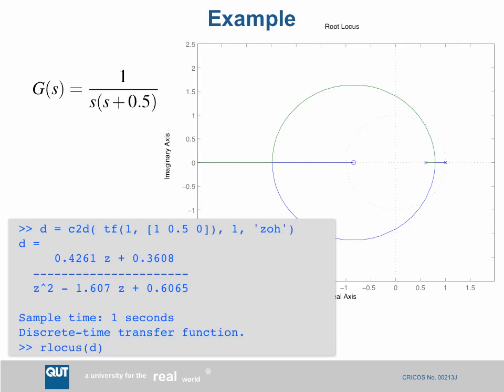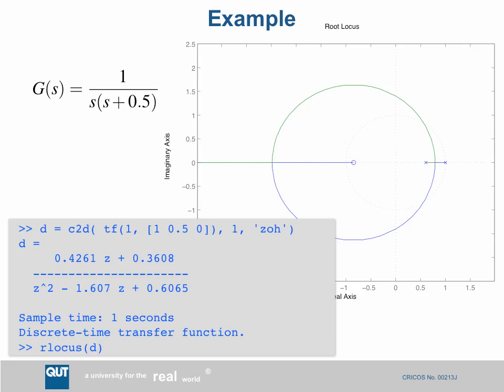Now I can ask for a root locus of this discrete time system, and here is a discrete time or z-plane root locus. We can see a couple of things. There is a pole at z equals 1 that corresponds to the integrator that I talked about earlier.